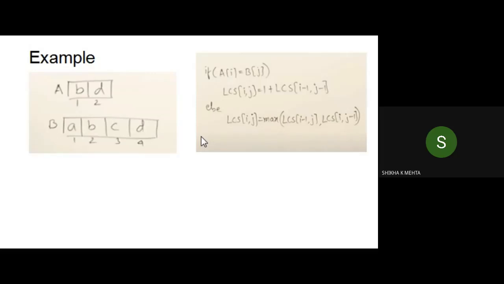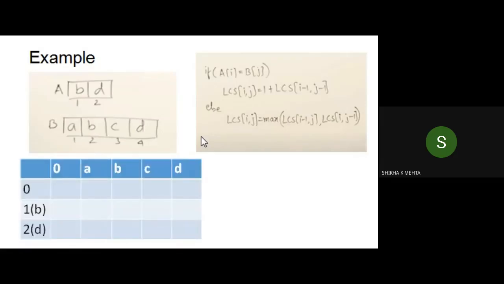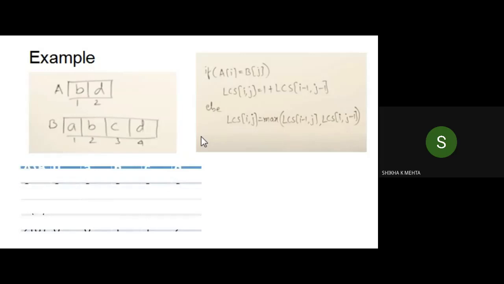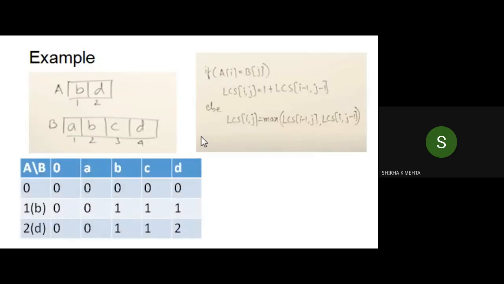In the else part, how do we fill this table? This is LCS 1,1, which is equal to the maximum of LCS 0,1 and LCS 1,0. What is the maximum value? As I told you, we initially fill all the zeros.